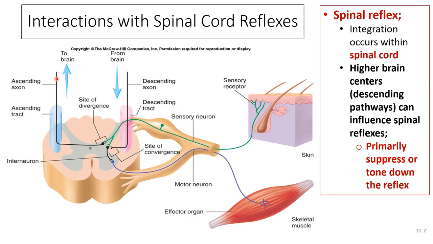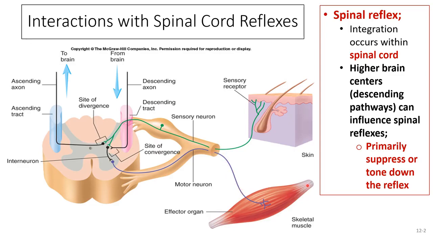The brain will then send descending motor pathways back down that will influence this synapse. So in effect, it's going to influence this reaction from the motor efferent, the motor efferent signals that are coming back out to the skeletal muscles.